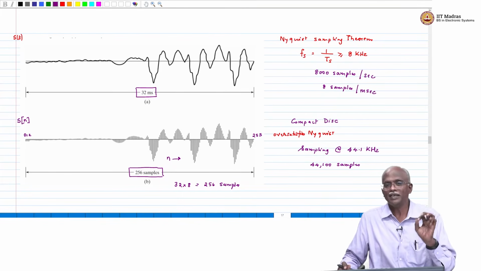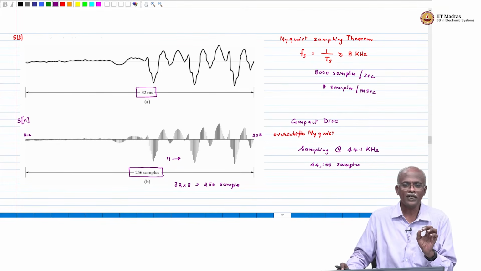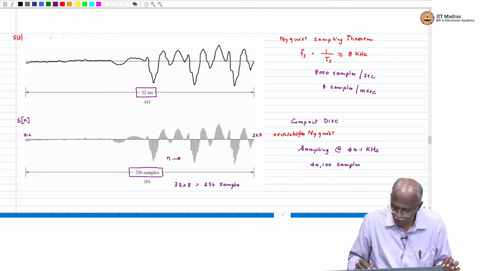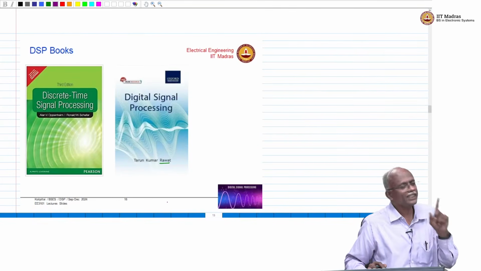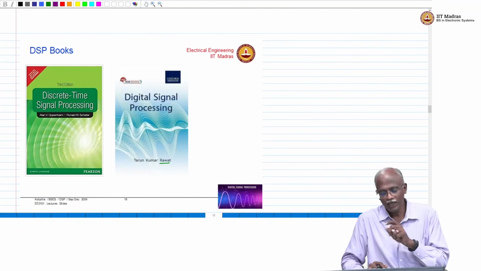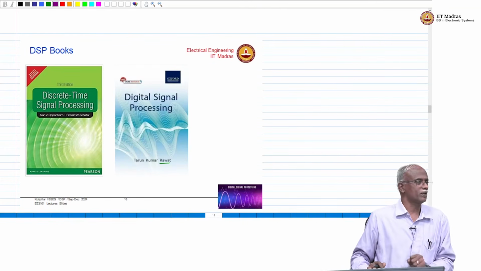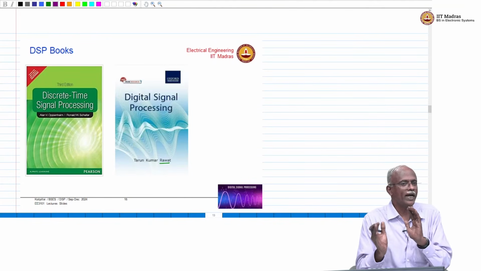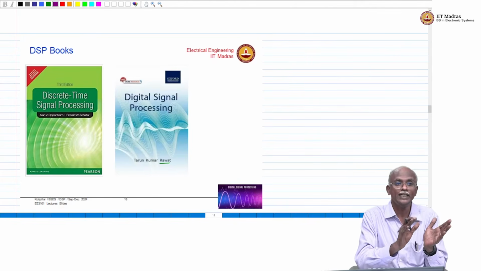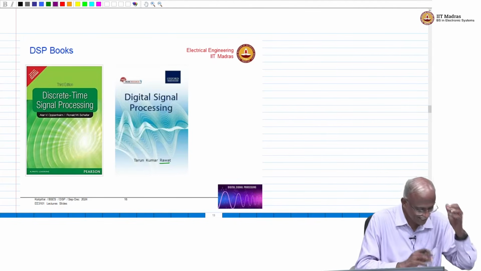Now, maybe this is also a good time to say why, if you go back and look at the textbooks, the one on the left says discrete time signal processing. On the right hand side it says digital signal processing. Now, we often say DSP. Is there a difference? Why does one person call it DTSP and the other one DSP?